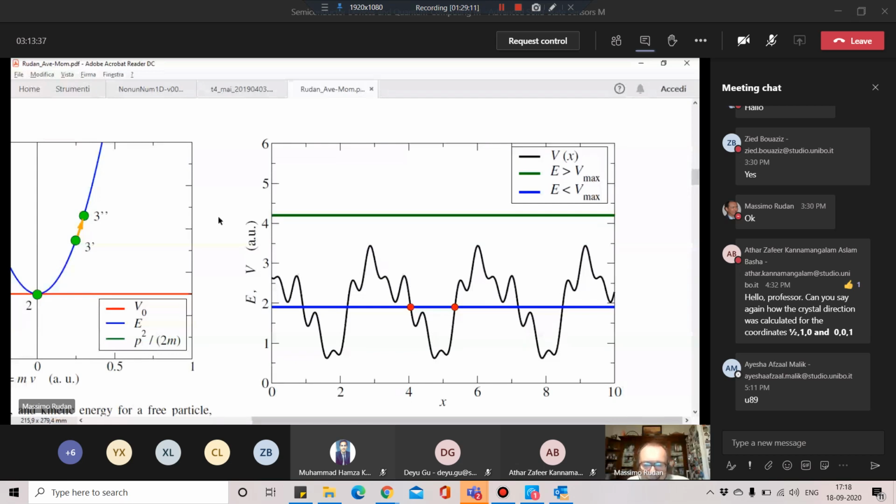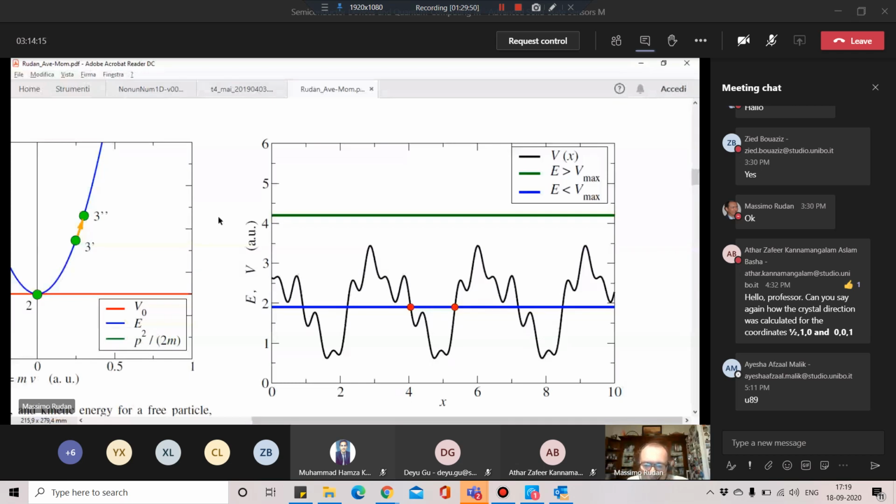If the kinetic energy is always strictly positive, then the velocity will be always non-zero. Okay? So this particle will always move, and we shall see it in a minute. It will always move in the same direction, either always to the right or always to the left. Who decides whether the particle moves to the right or to the left? It is decided by the initial conditions, okay?